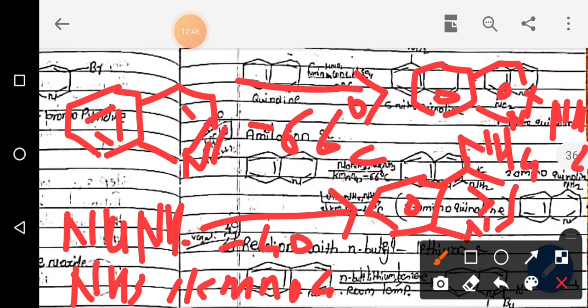So we get the product at position 2 and the product at position 4. These two are the most important for the amination reactions of quinolines, and we have to remember them. The difference is only in the temperature condition: one is minus 66 degrees centigrade and the other is minus 40 degrees centigrade.